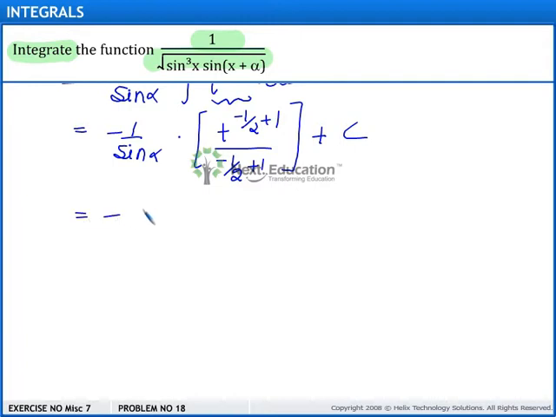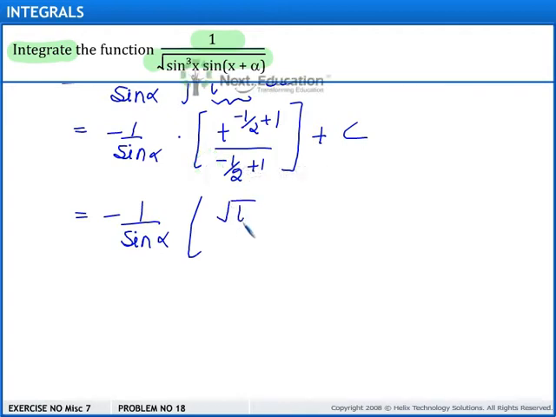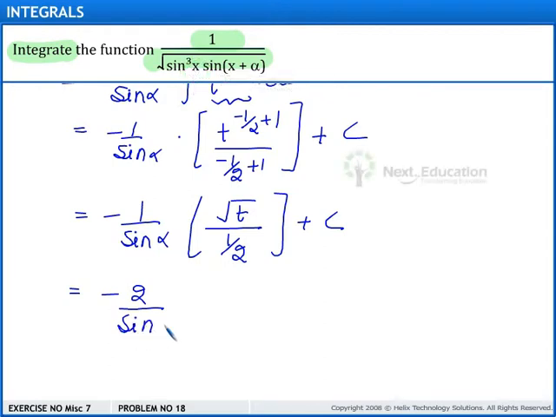So this is equal to minus 1 upon sine alpha. This gives t raised to the power half, that is square root of t divided by half plus the constant. So this is equal to minus 2 upon sine alpha square root of t plus the constant.